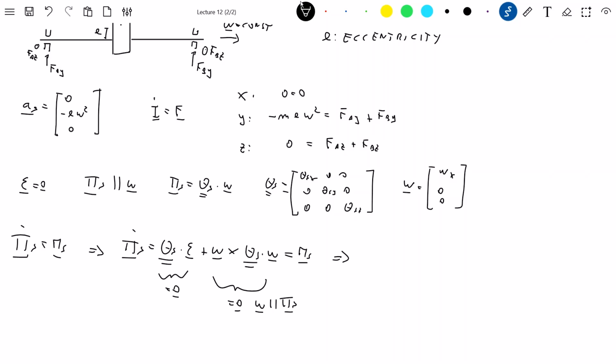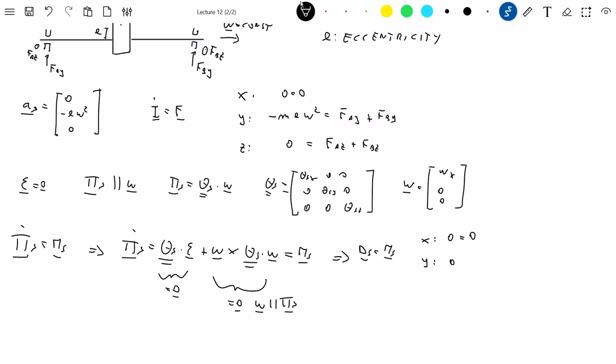So now if you write the equation with respect to the moment, basically pi_S dot equal to M_S. In the x direction we have 0 equal to 0, in the y direction we have 0, so on the left side we have all zeros, while on the right side we have the moment.